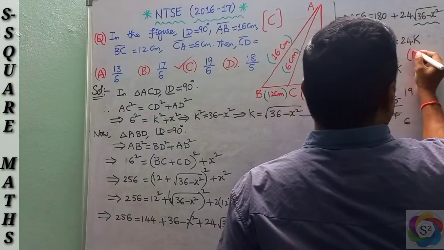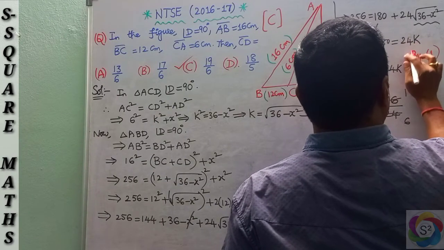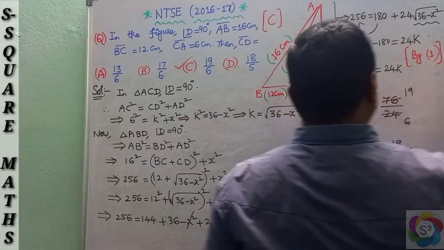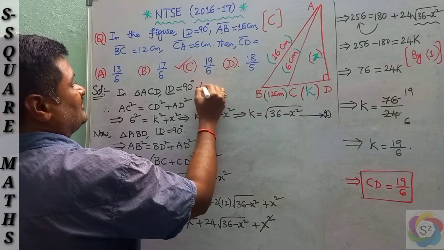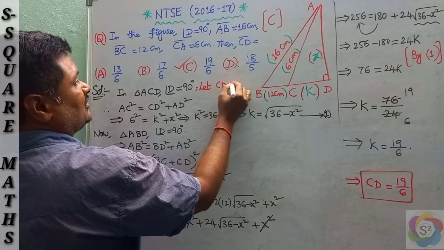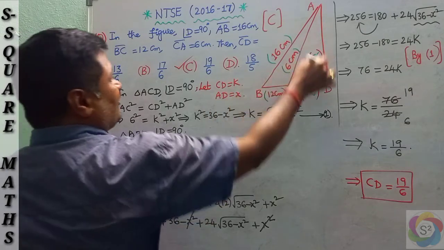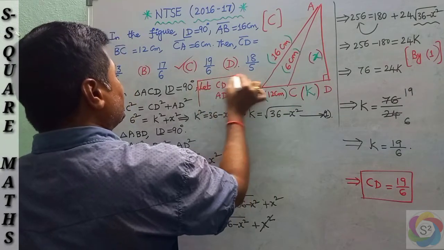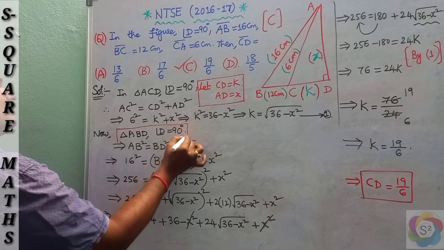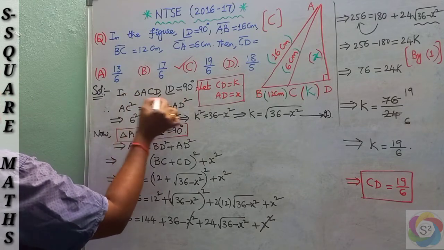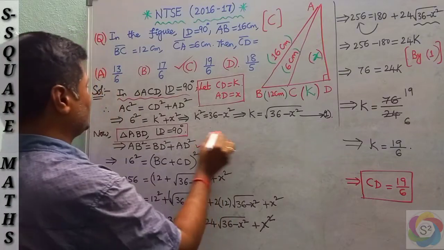This was taken as equation 1, where CD is equal to K and AD is equal to X, which I have marked here.